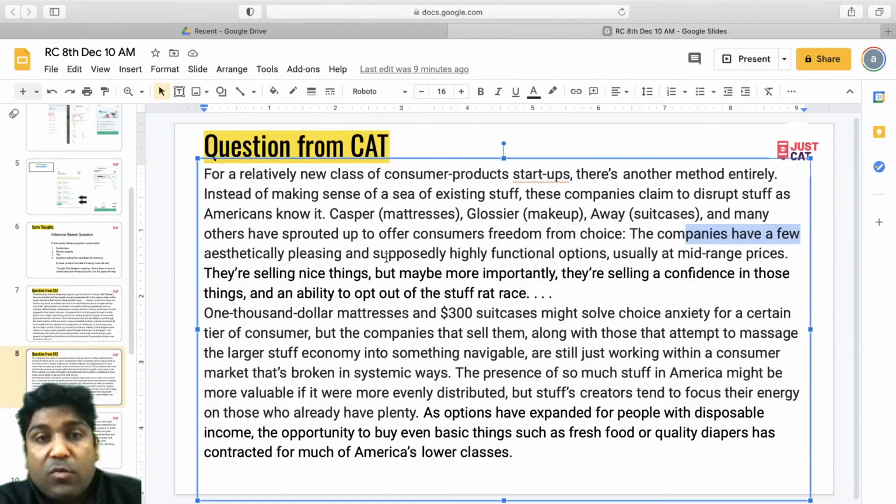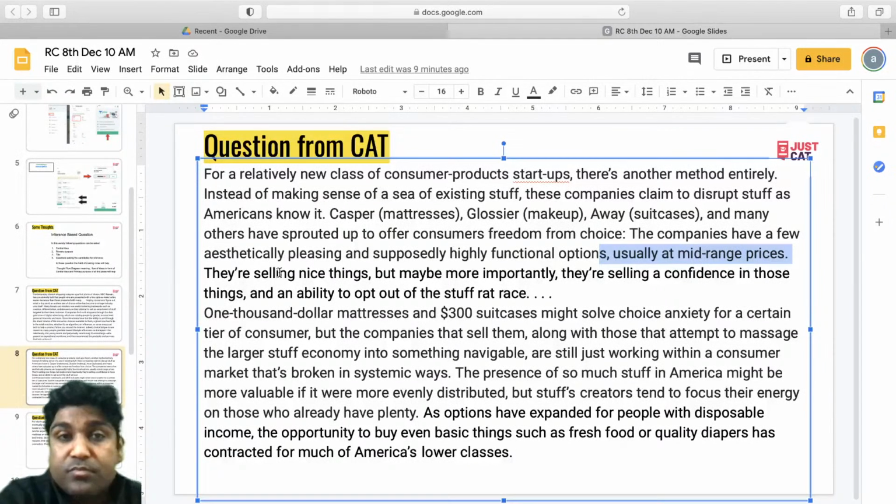The companies have a few aesthetically pleasing and supposedly highly functional options, usually at mid-range prices.